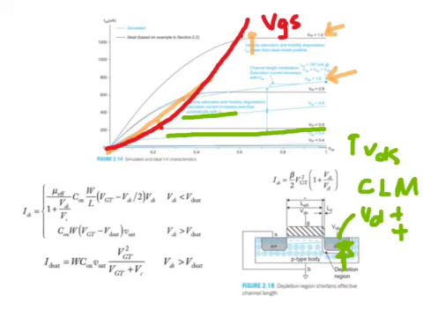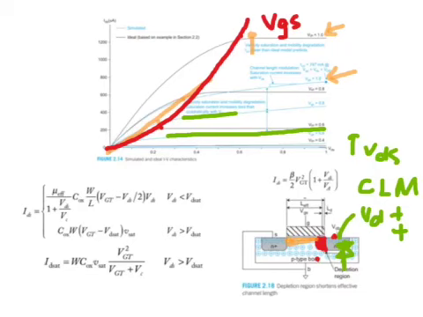The depletion region, as a result of the reverse bias between this N well and the P substrate, actually extends. And when the depletion region extends, it actually pinches off the channel much more.